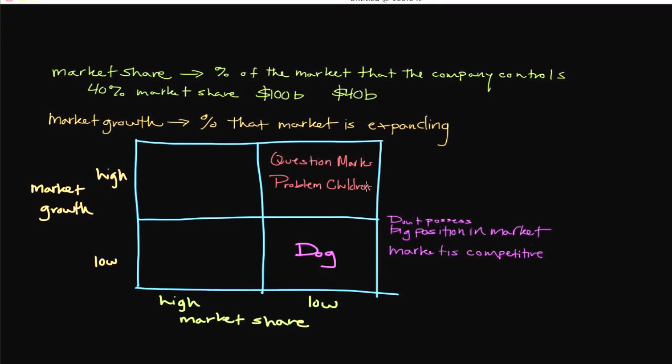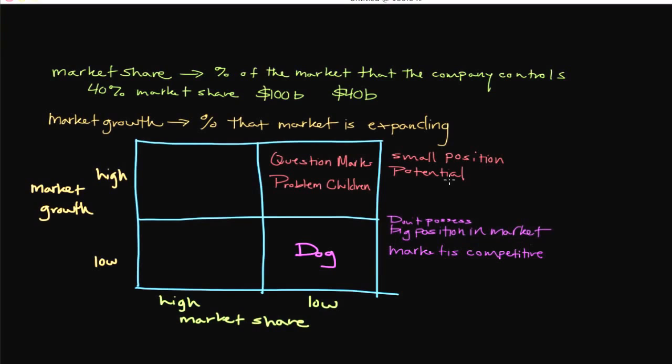This is kind of an executive manager's or business owner's nightmare. These operate in low market share, right? So we have a very small position in the market, similar to dogs, but they have high market growth, and so there's potential here.